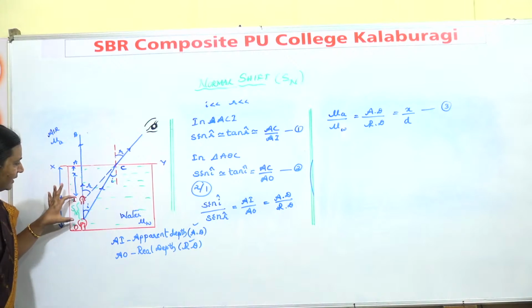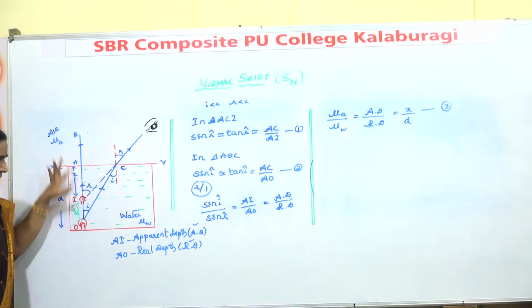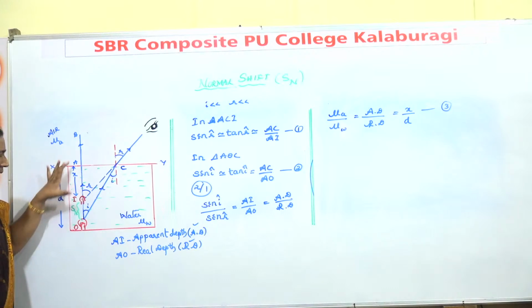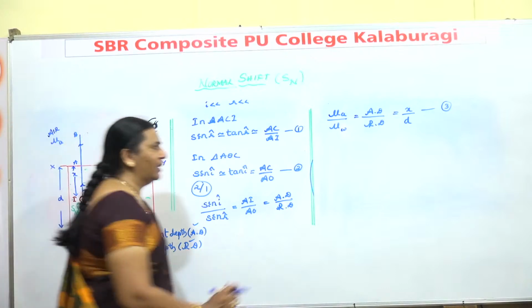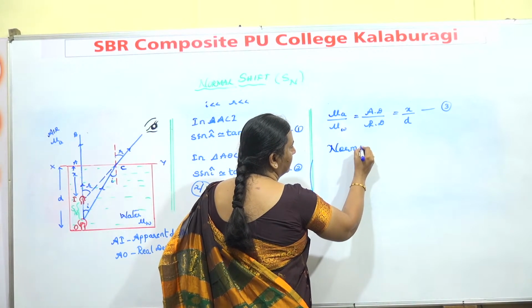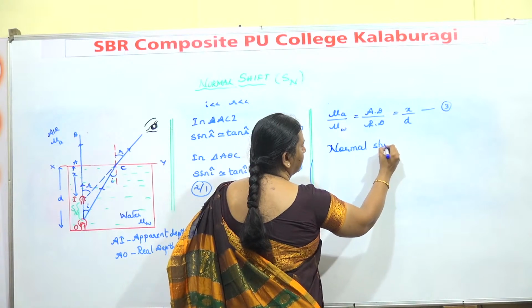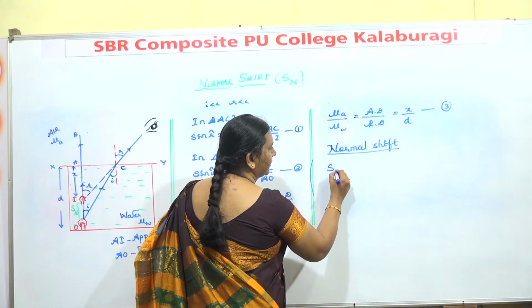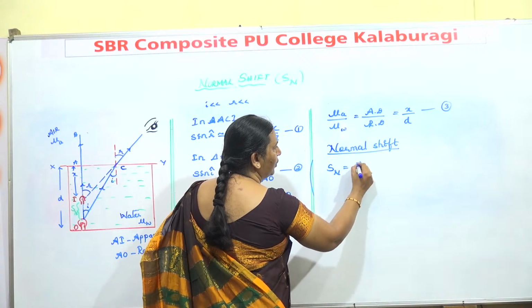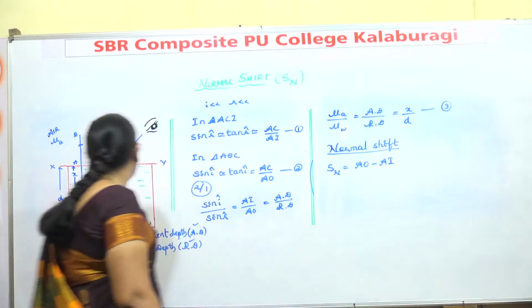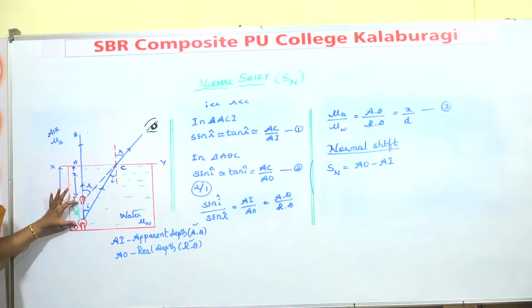Along the normal, I can write the shift as AO minus AI. So I will write the normal shift as AO minus AI, because OI is our shift.